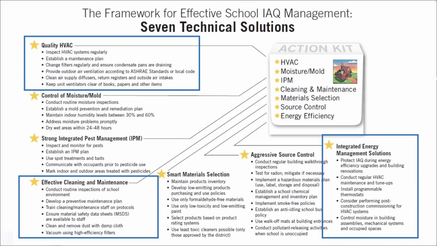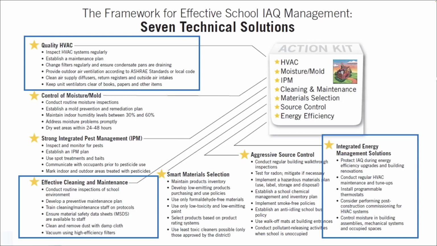In addition to the framework, the Action Kit offers 7 technical solutions that show schools where to start. These are the major IAQ issues that the Action Kit and framework can be used to address to achieve reliable, clean, efficient, and healthy indoor environments in schools. All of these strategies are interdependent and require a coordinated approach.